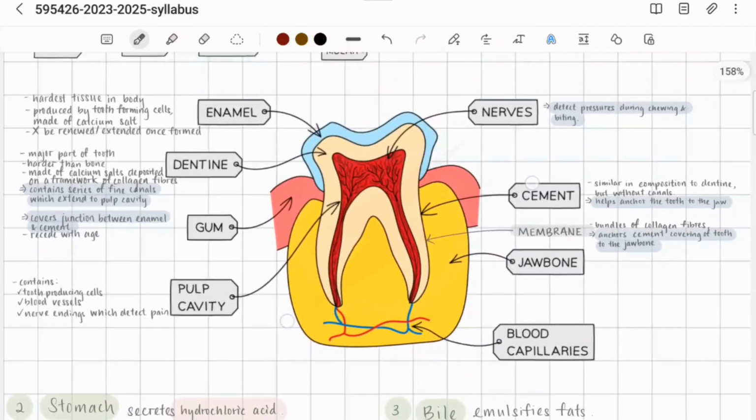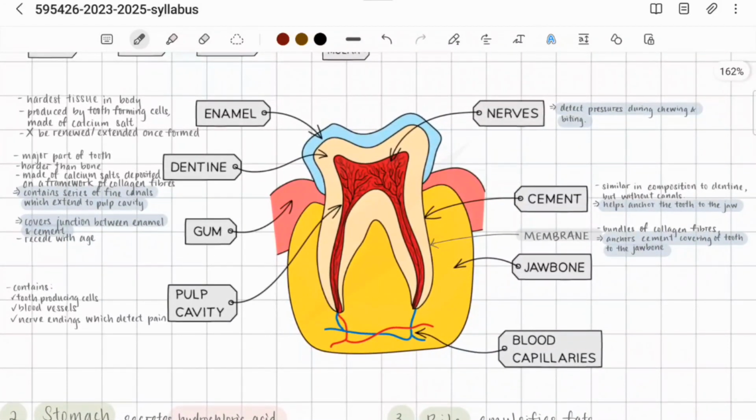Let's look from the most outward part to the inner part. First one is enamel. Enamel is the hardest tissue in the body, produced by 2 forming cells, made of calcium salt. It cannot be renewed or extended once formed.